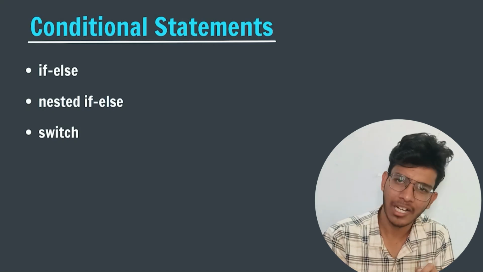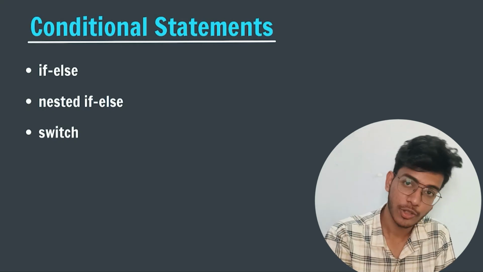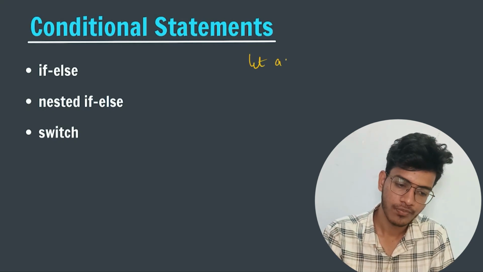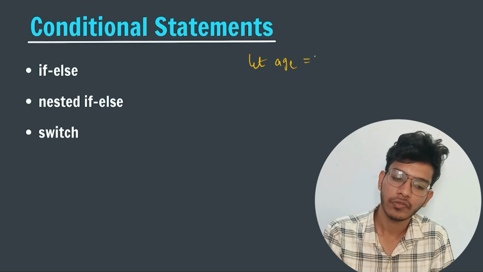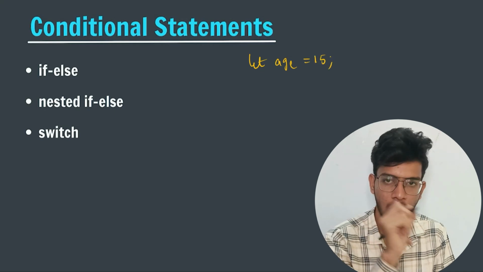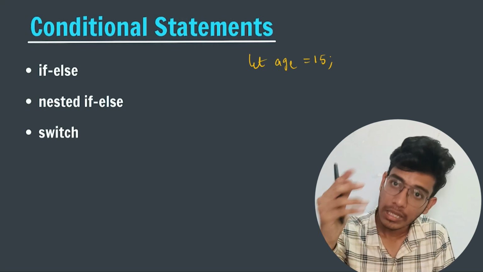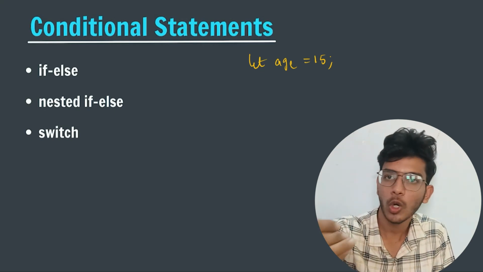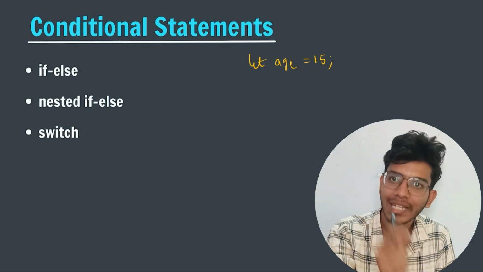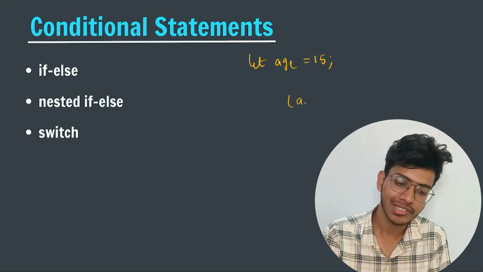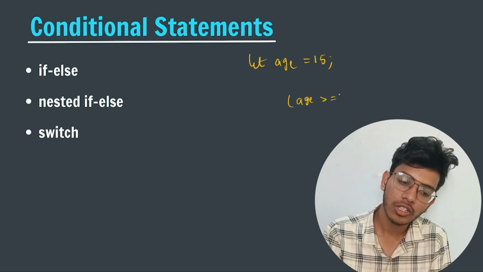Now what is the best example? The best example is age. Let's say there is a variable age and the age is 15. Now I need to check whether this particular variable is eligible for voting or not. Then I will create a condition, which is age is greater than or equals to 18.